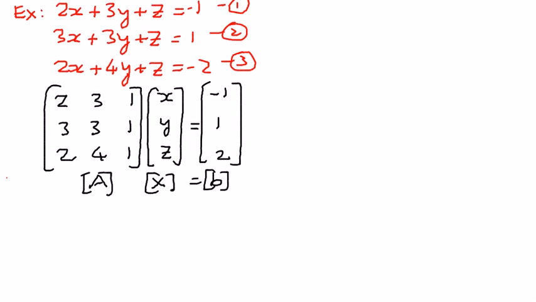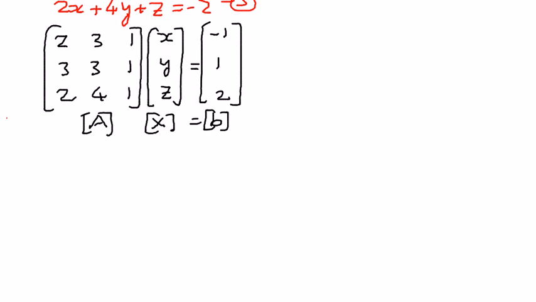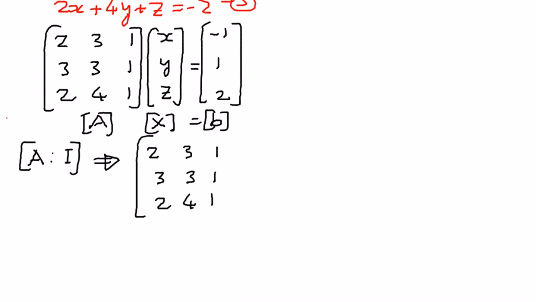So let's start to apply the Gauss-Jordan elimination method. In this method, if we have a matrix A, we're going to partition it with the identity matrix, and the way to write that is as follows: 2, 3, 1, 3, 3, 1, 2, 4, 1, and then we partition that with an identity matrix, which will be a 3 by 3 matrix now, which will be 1, 0, 0, 0, 1, 0, and then 0, 0, 1, like that.